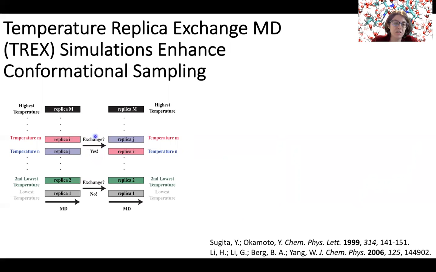Whether the exchange is accepted or not depends on the Metropolis criterion, that is, how close are the potential energies and the temperatures between these two replicas? Then, if the exchange is accepted, you swap coordinates and rescale momenta for these two replica pairs. After the exchange attempt, you carry on with your regular MD simulation until the next exchange attempt.